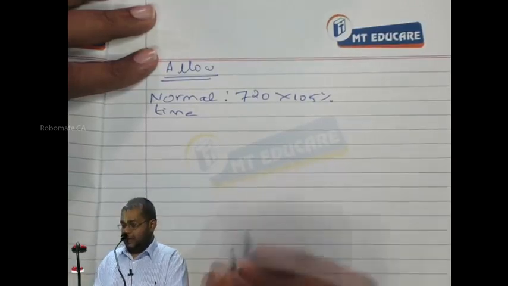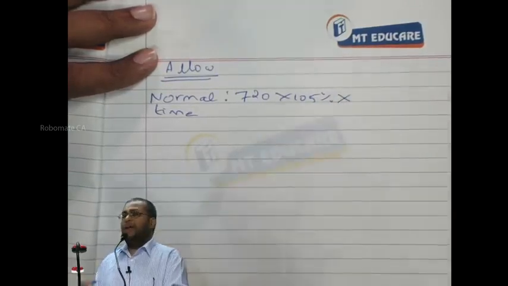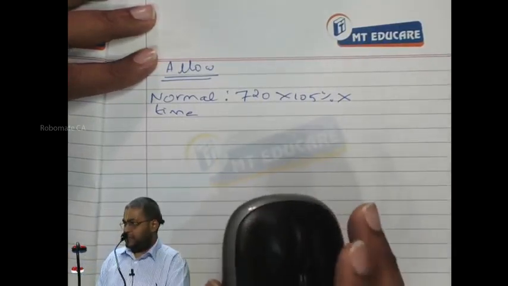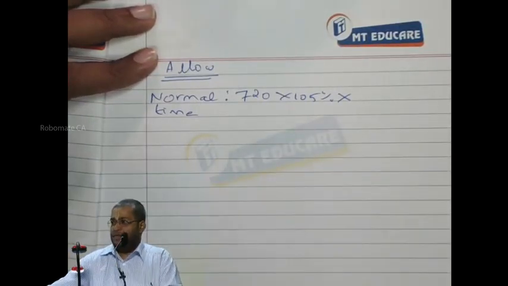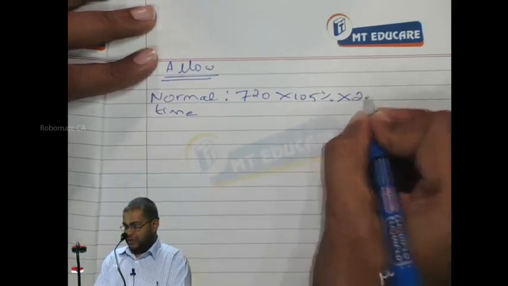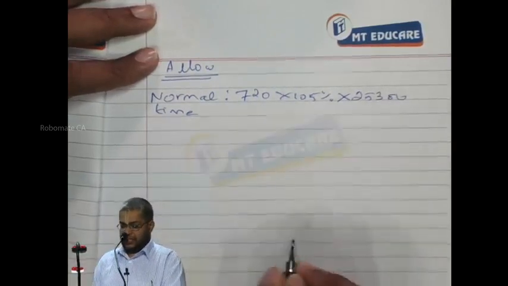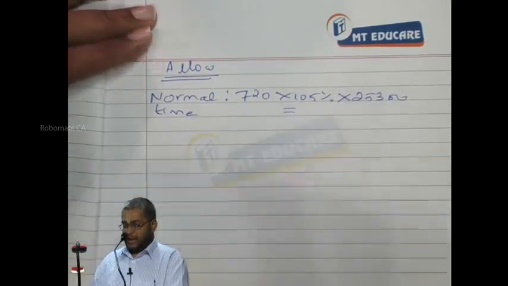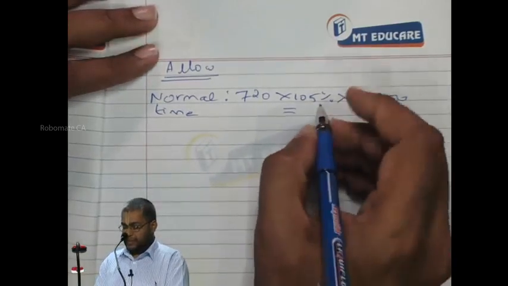Enough, right or not? Now, into how many machines? Please look at the analysis. How many machines here? 25,300 machines. I am producing in normal time. Yes or no? Into 25,300 machines.